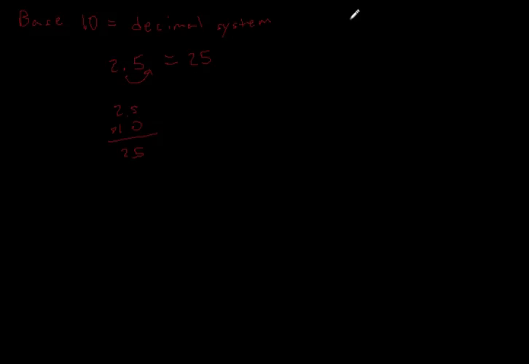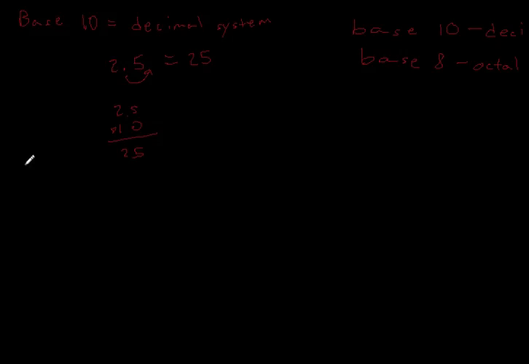Therefore, base 10, and I wrote that wrong, so make that a 10. Again, this is our decimal system, and then base 8 uses an octal system, which is, again, meaning 8.